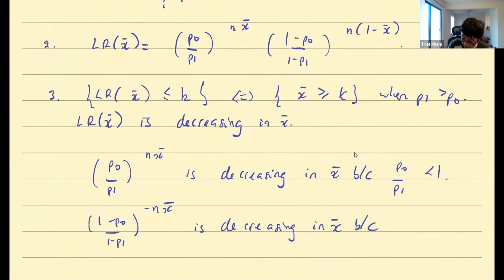Yes. Why? Because now this ratio is bigger than 1, but you have a minus sign here. So I guess you can say something like this: 1 minus P1 over 1 minus P naught is less than 1. There you have it.